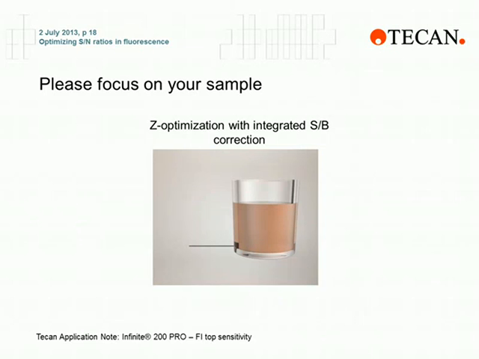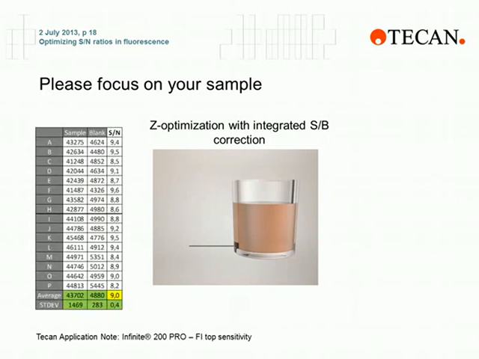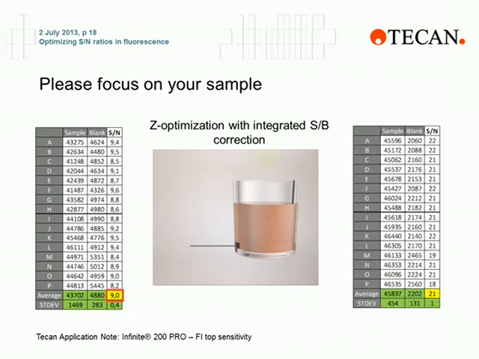As you can see in the video, the reader is searching the surface of your sample. Coming in with the signal-to-noise ratio of 9 from our previous optimization step, we now can achieve the full optimization of 21 using this feature.